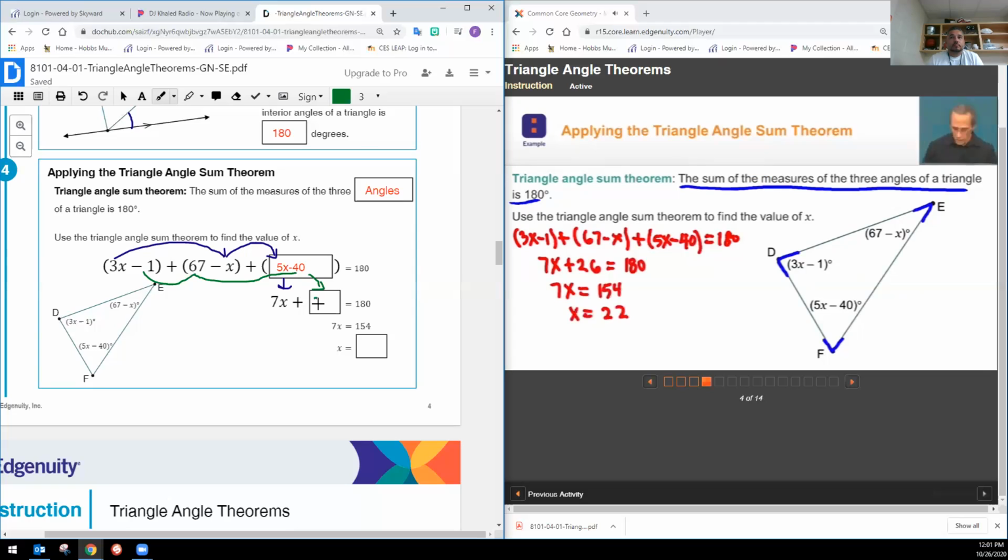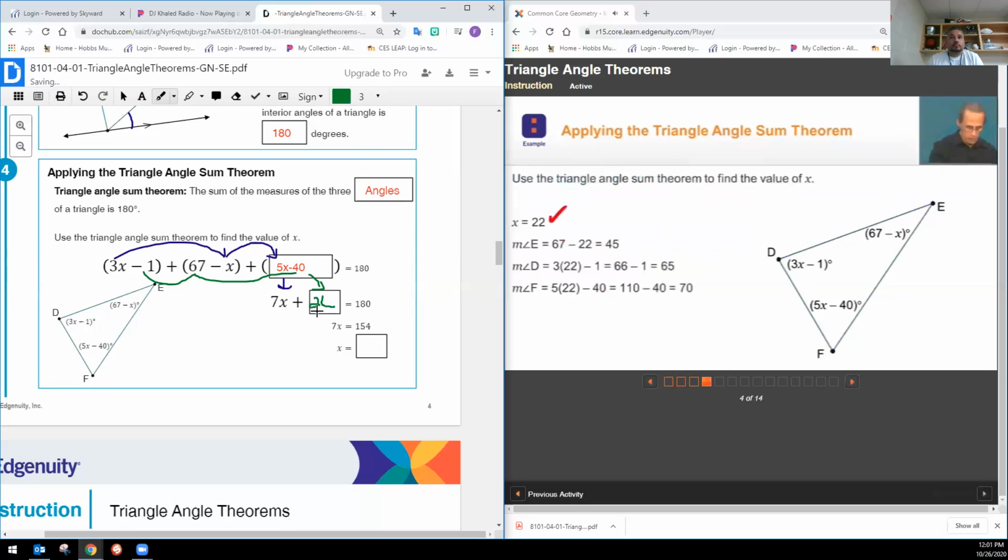Now, once I know x is 22, I can find the measure of angle E, because that would be 67 minus 22, which is 45. I can find the measure of angle D, because 3 times 22 minus 1 gives us 66 minus 1, which is 65.